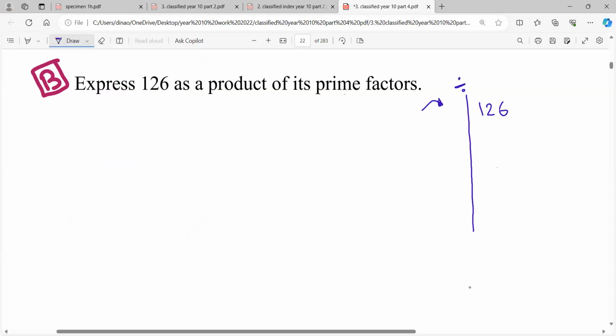Then on the left-hand side, I write only prime numbers. What are the key words over here? Keep dividing till you reach just one. Not any other number, keep dividing till you reach the one. Of course, remember that we always use prime numbers, and I would suggest that you use the prime numbers in order.